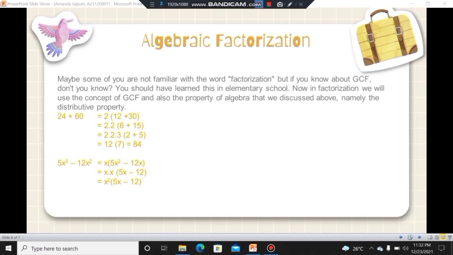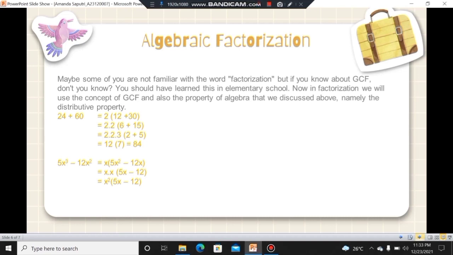Because it cannot be simplified anymore, we get the result x squared in brackets 5x minus 12. The numbers 12 and 5 cannot be factored. The largest factor is x squared, so the result is x squared times 5x minus 12.